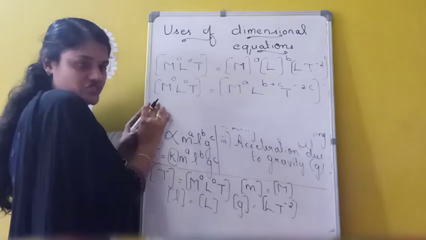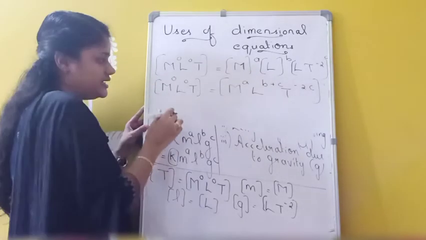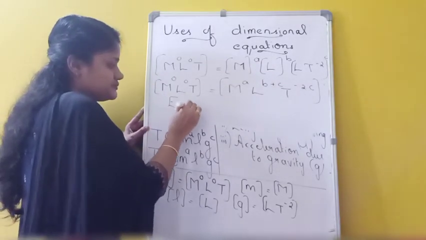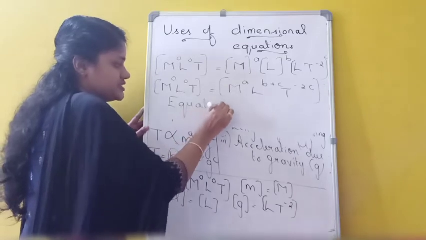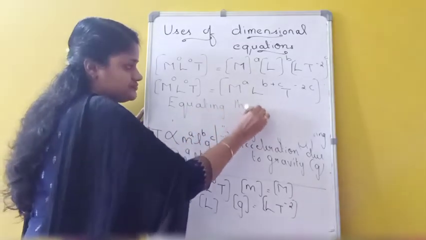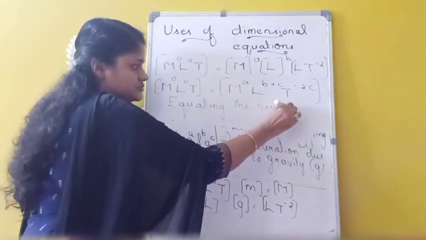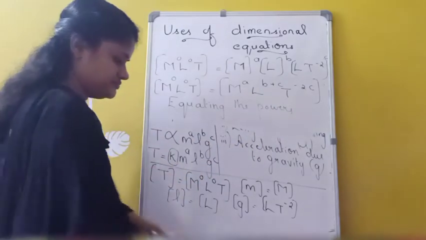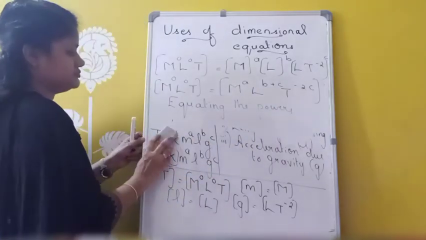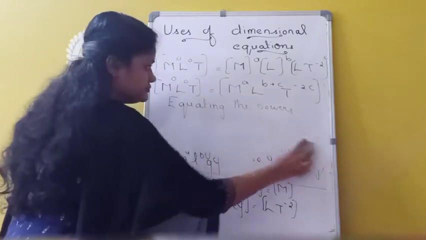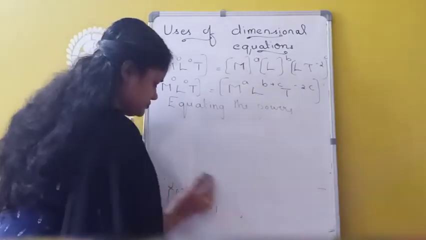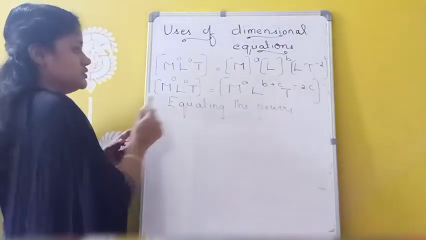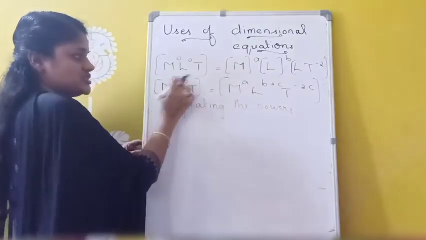So next what is the step? We have to equate the powers. So equating the powers, what we get now? Here M raised to 0, here M raised to a.